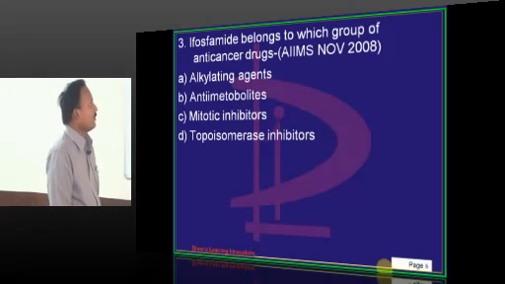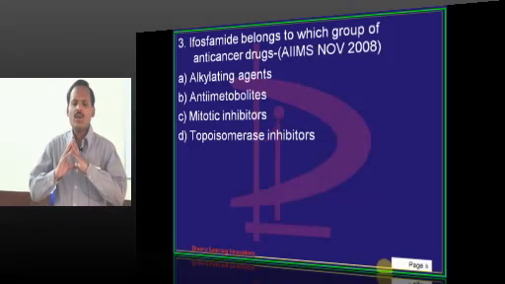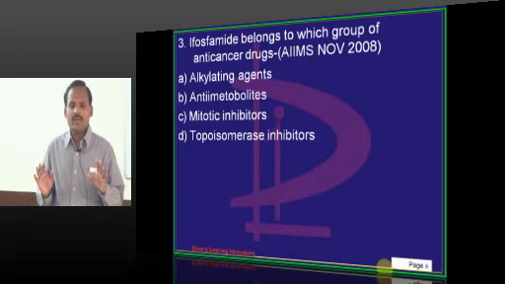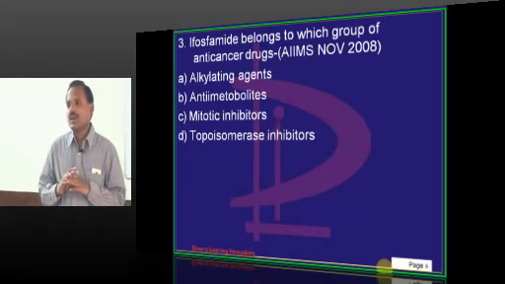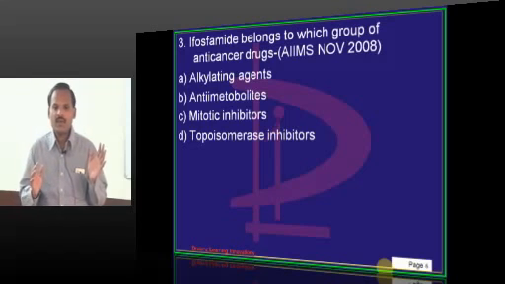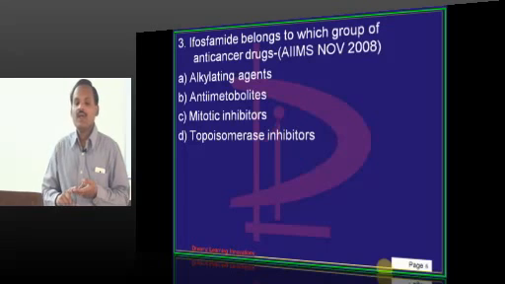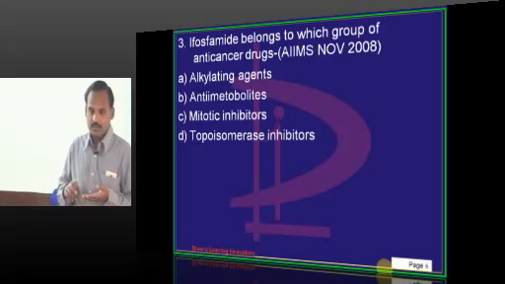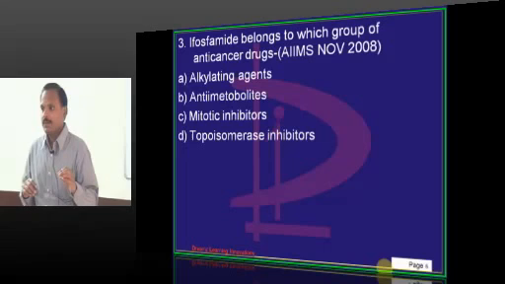So, ifosfamide is an alkylating agent, and briefly I will tell you, all anti-malignancy drugs generally have adverse effects related to bone marrow depression unless specified. Some of them may not, but 90% of them will have an adverse effect on the bone marrow, the hair follicle, the skin and mucous membranes and the GIT, the gonads, and immunity.